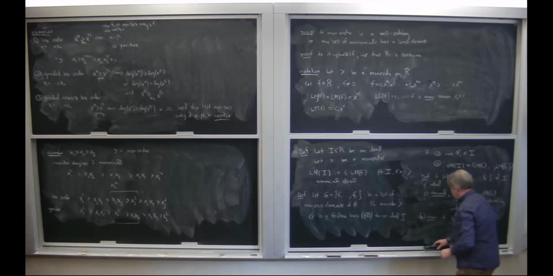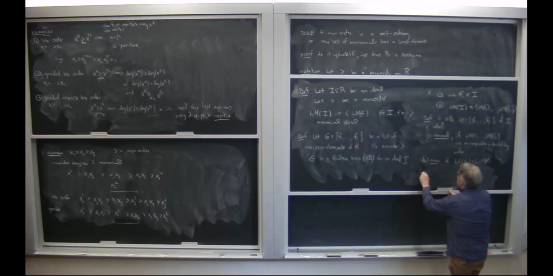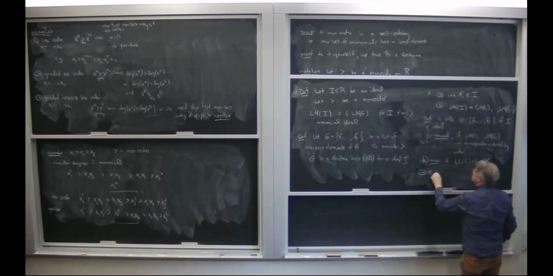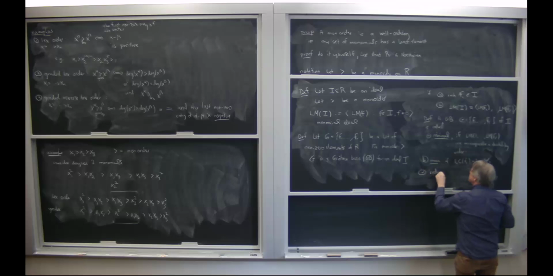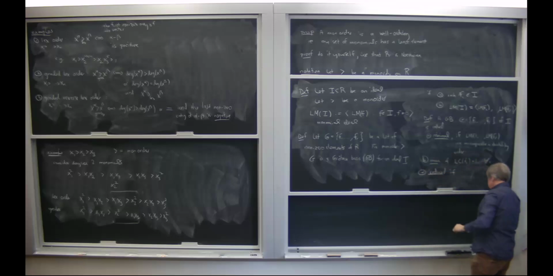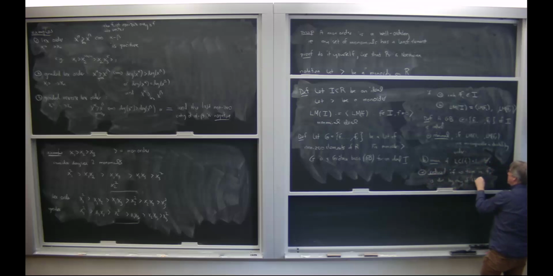And the third one is G is reduced if no term in Fi is divisible by any of the other lead terms, by any of the lead monomials of Fj for j not equal to i.